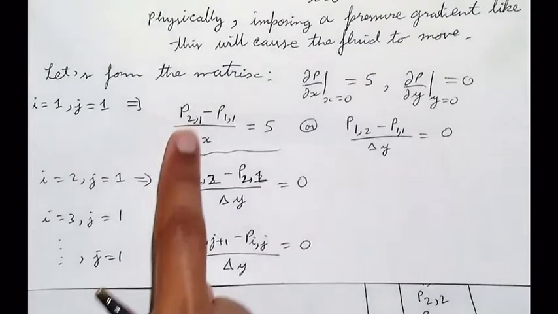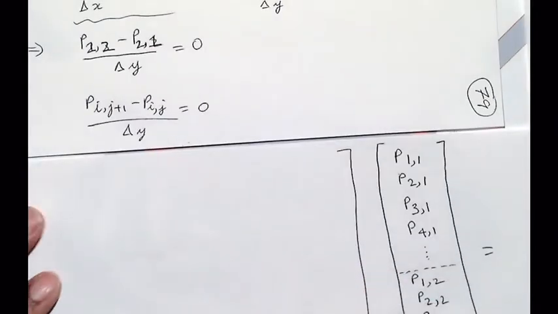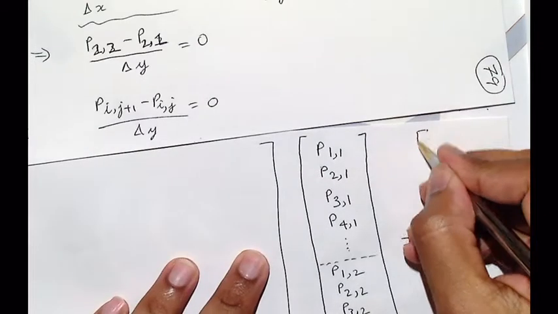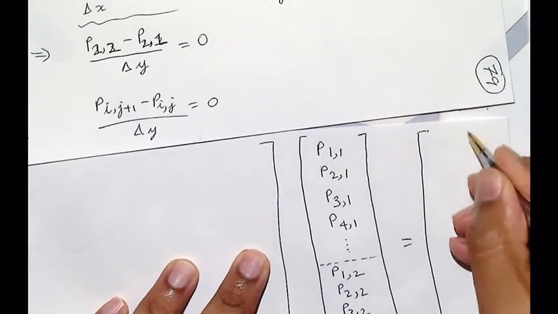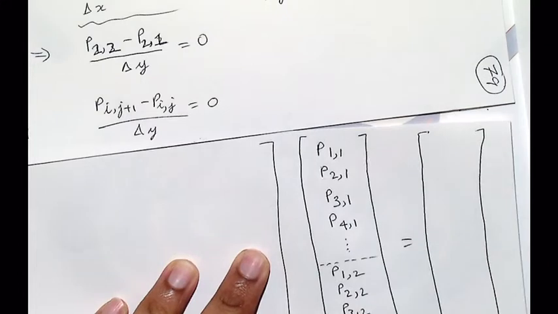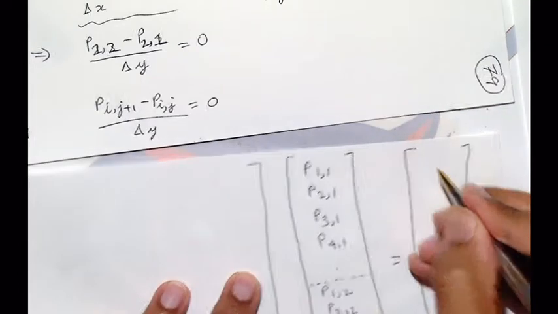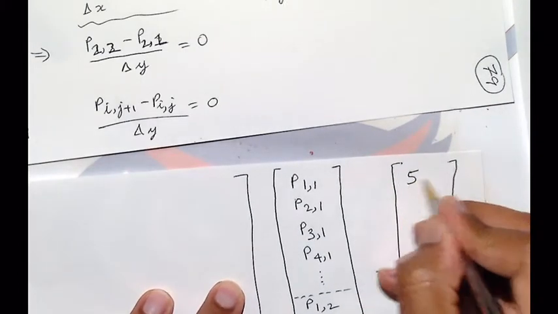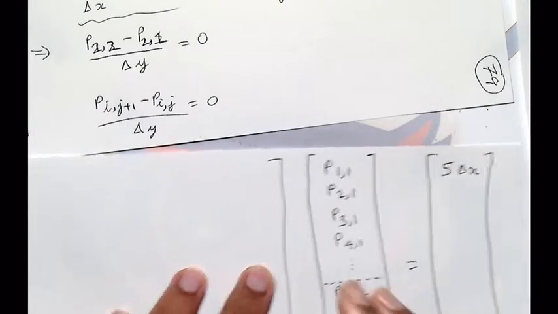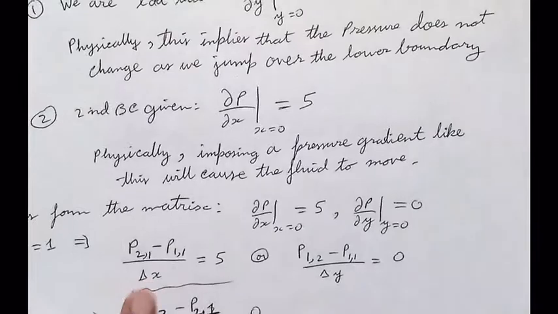So let's see, this is p21, p11, and there's a delta x. On the right hand side, let me put 5 delta x, that comes from here.